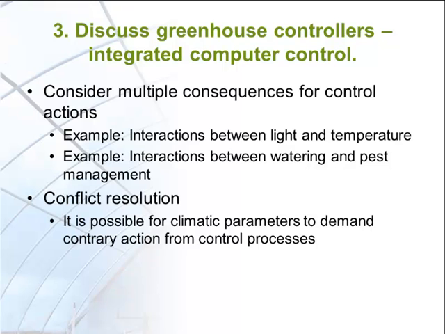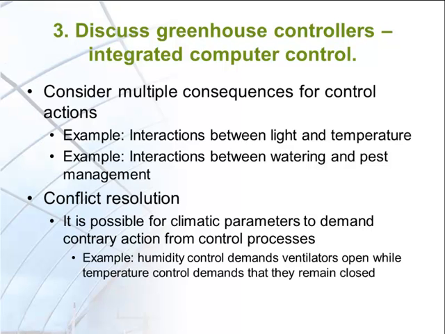An example of this is humidity control when ventilation is on to reduce humidity, while for temperature control purposes the ventilation is shut. In this case, an integrated computer control system will have to make a decision to resolve the conflict between the two demands.